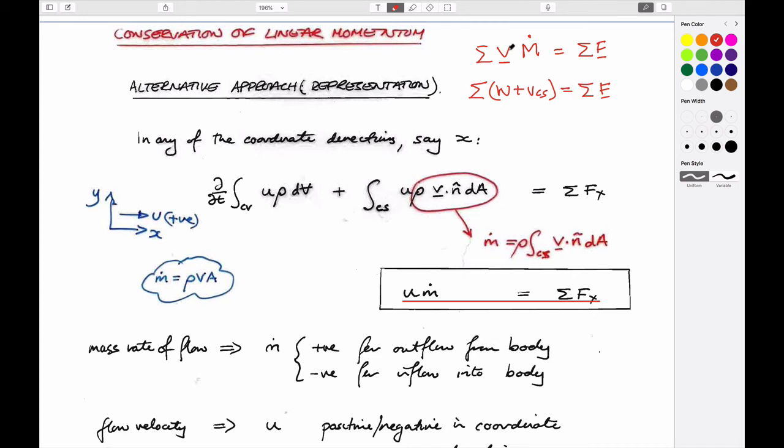This is equal to the sum of the forces that are acting.